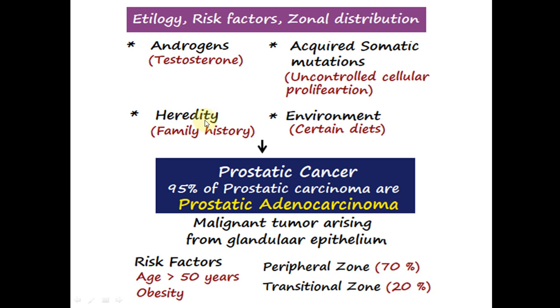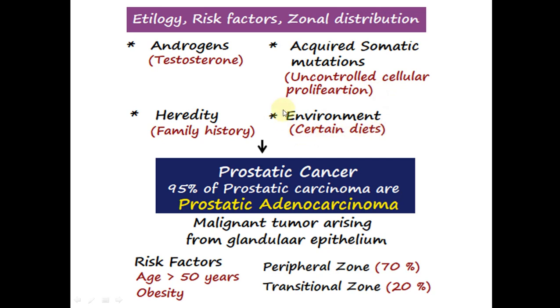Heredity also plays a role in the carcinoma prostate, and sometimes prostate cancer occurs in families and close relatives. So from this we can say that a role is also played by certain genes.